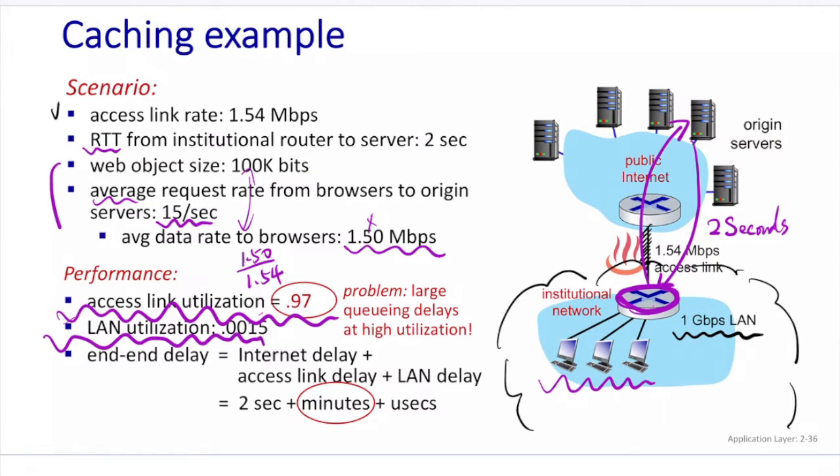How about the LAN utilization? We have 1.5 megabit per second of requests, however, we have 1 gigabit per second of LAN bandwidth. So the utilization is very small, like here. So how about end-to-end delay? To retrieve all those objects, it takes 2 seconds to traverse from our router to the original server, right?